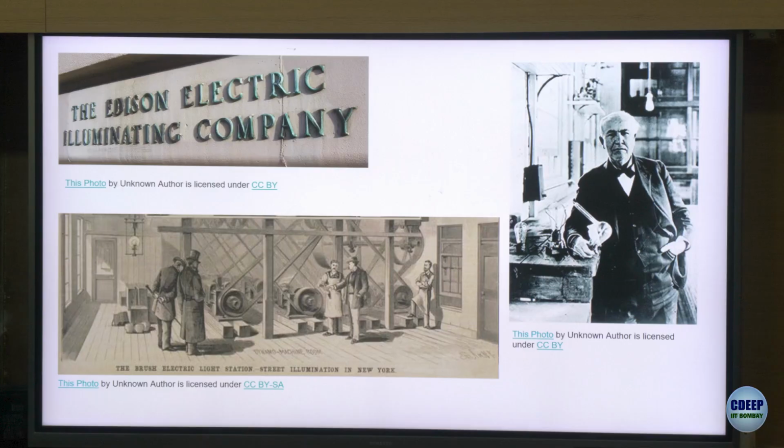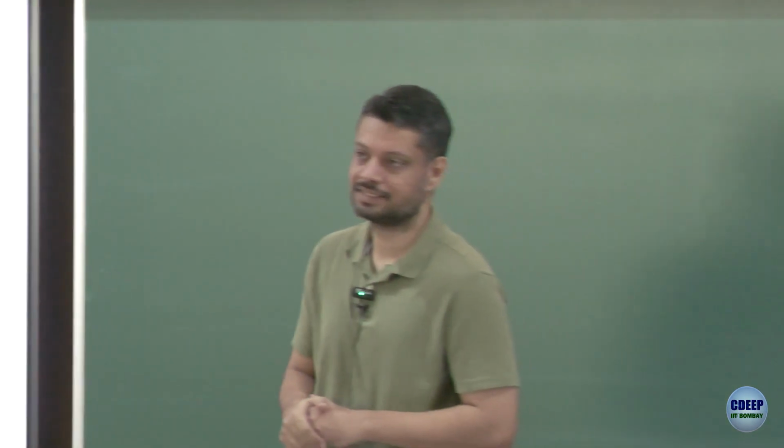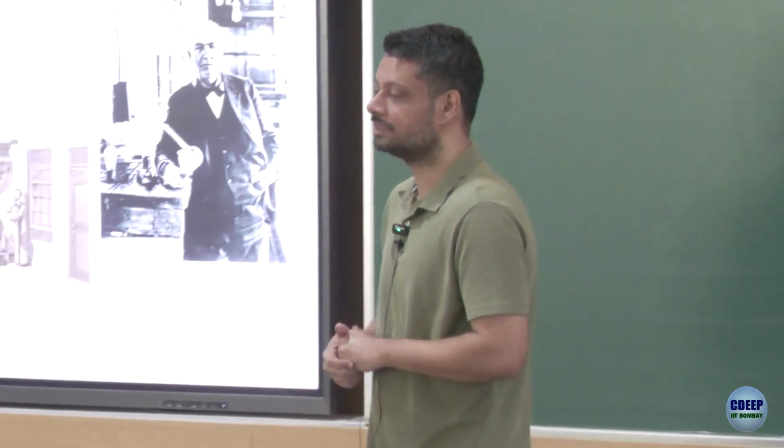The interesting part is that whichever course I try to teach, it starts from the late 1800s. Whether I talk about the history of electric vehicles, motors, power electronics, or power systems, everything roughly starts in the late 1800s.